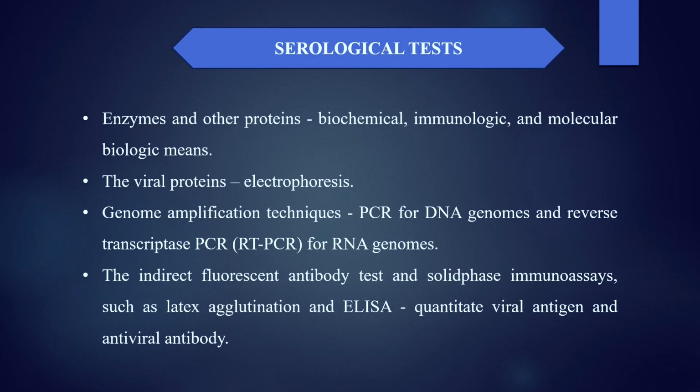Genome amplification tests, including PCR for DNA genomes and RT-PCR for RNA genomes, are the methods of choice for detection and identification of viruses. The indirect fluorescent antibody test and solid phase immunoassays such as latex agglutination and ELISA are commonly used to detect and quantitatively analyze the viral antigens and antiviral antibodies.